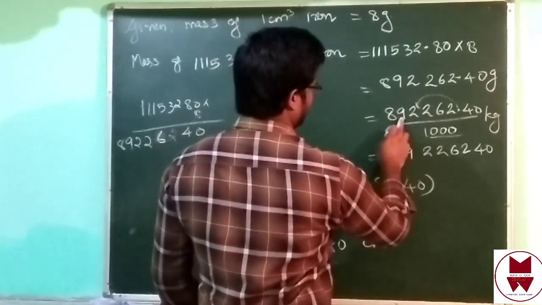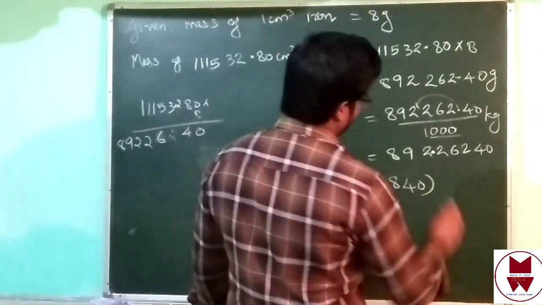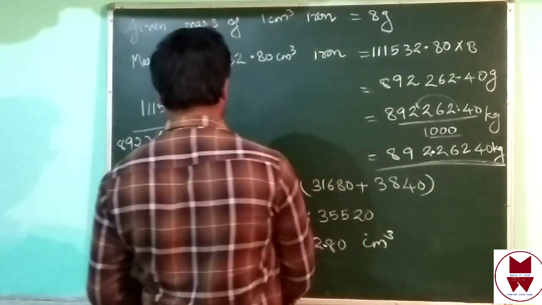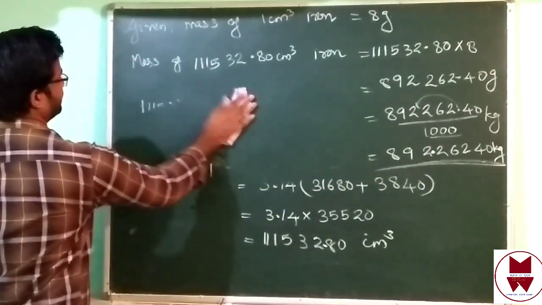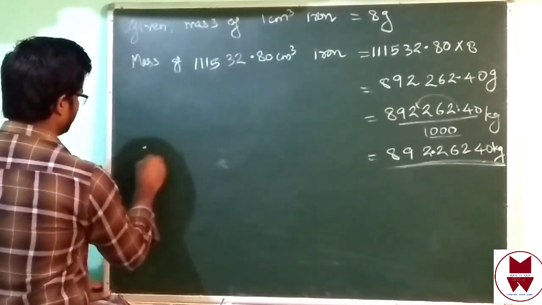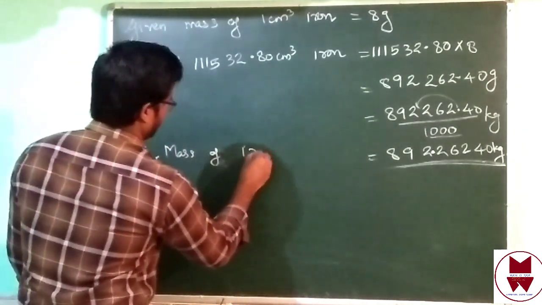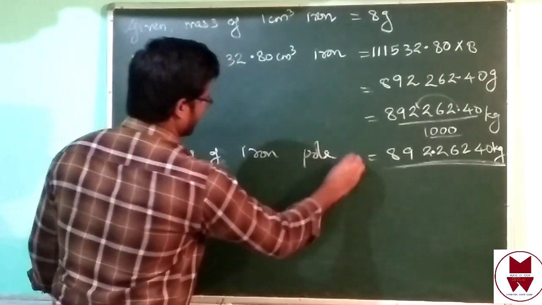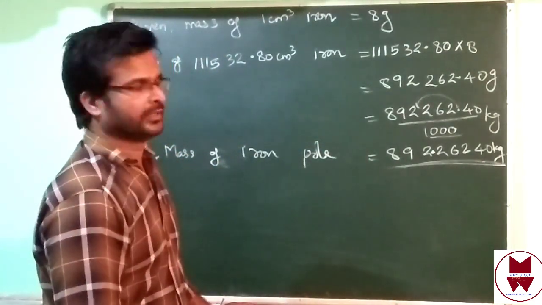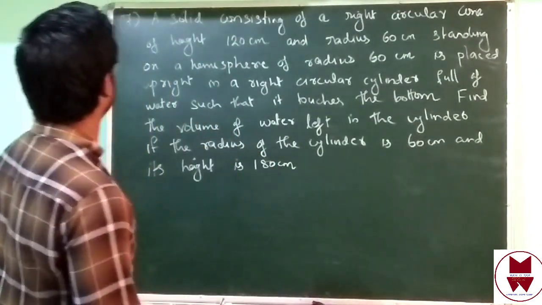We will get 892.2624 kilogram. Then you can write, therefore the mass of the iron equal to 892.2624 kilogram.